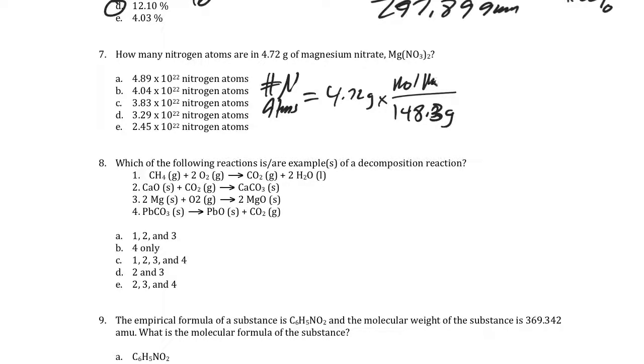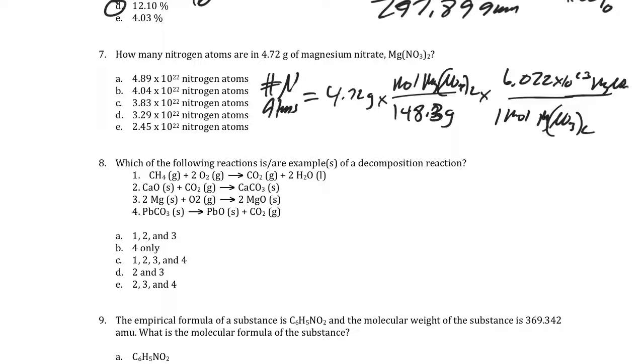That's per mole of MgNO3, and then 1 mole of MgNO3 contains an Avogadro's number of that unit. And then 1 MgNO3 contains 2 N atoms.